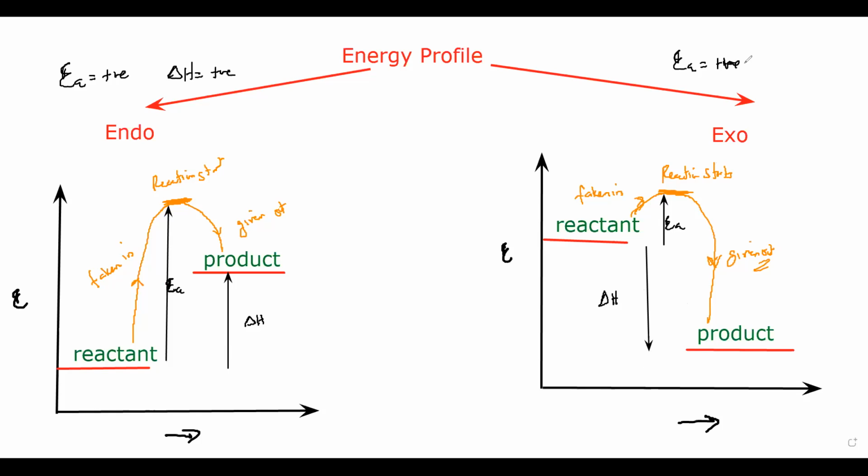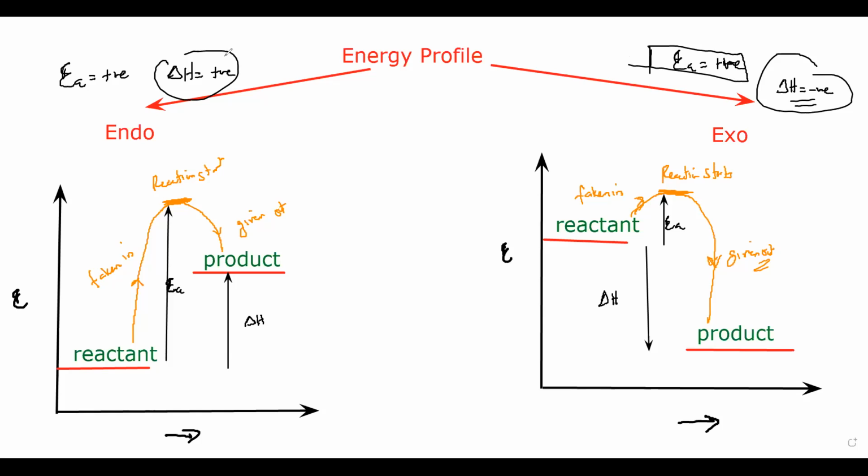But what about delta H, the difference in energy of the product and reactant? Delta H is the energy of the product minus the reactant, so delta H will be negative. So for exothermic reactions, enthalpy change is negative. For endothermic reactions, enthalpy change is positive.